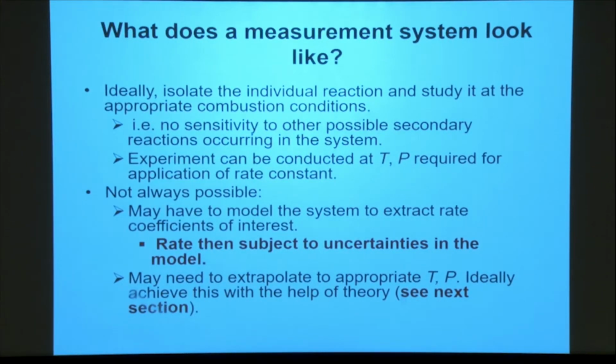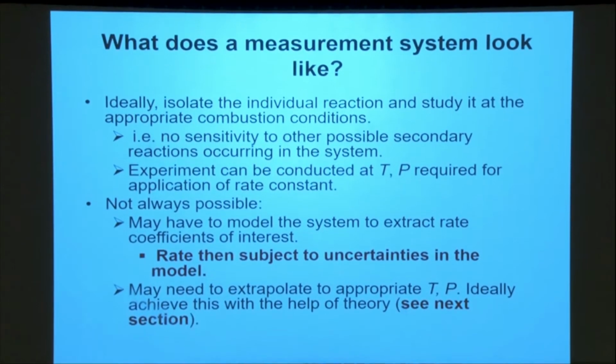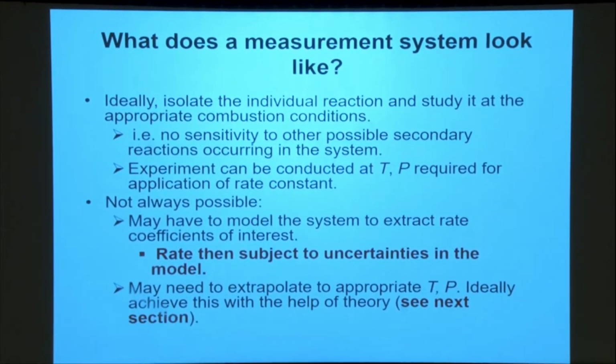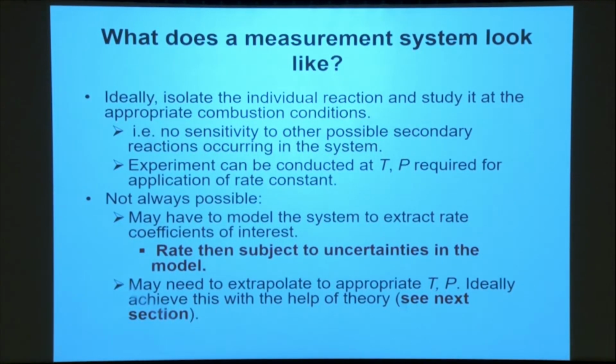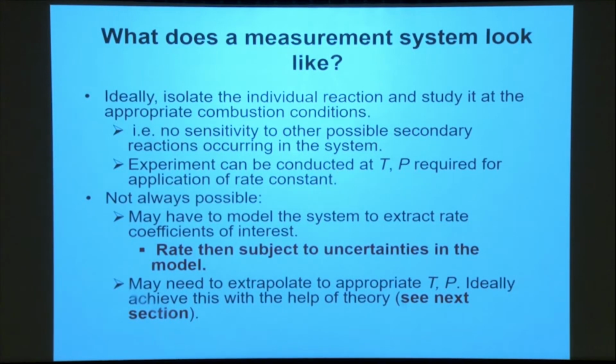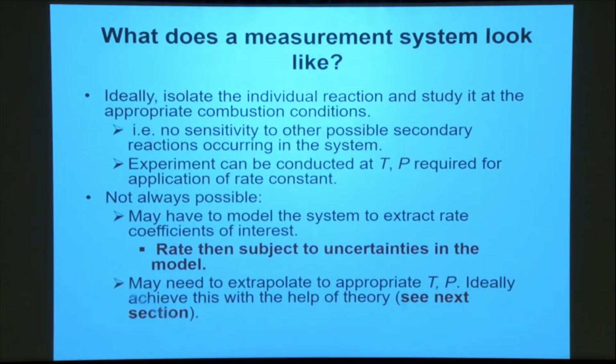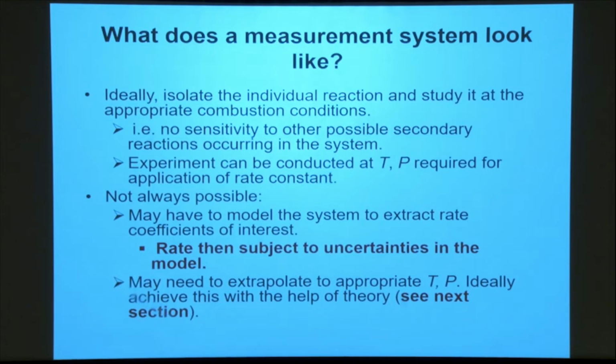So what does an ideal measurement system look like? We're trying to get a rate constant for a single reaction from these systems. Tomorrow I'll talk about how we might use what I would call bulk experiments for validating models, and maybe also even for optimizing mechanisms.